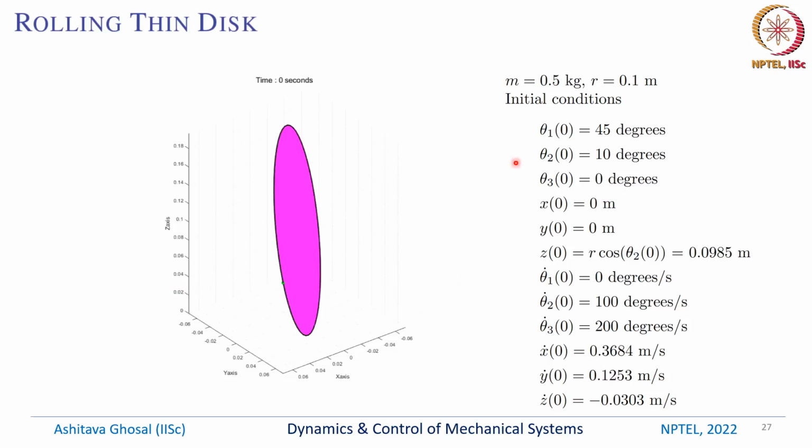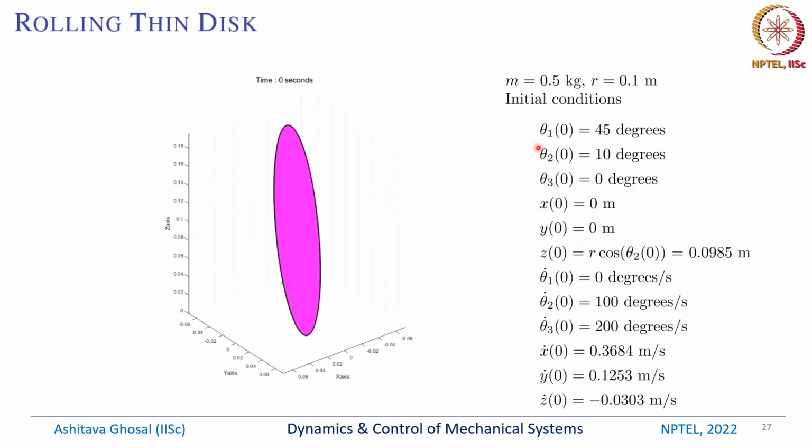Before we do any simulation, we have to assume some numbers, because any simulation software needs numbers. So in this case, we are going to assume that the mass is 0.5 kg, the radius of this disk is 0.1 meters, and then we need initial conditions for all the generalized coordinates x, y, z, theta 1, theta 2, theta 3 at t equals 0.